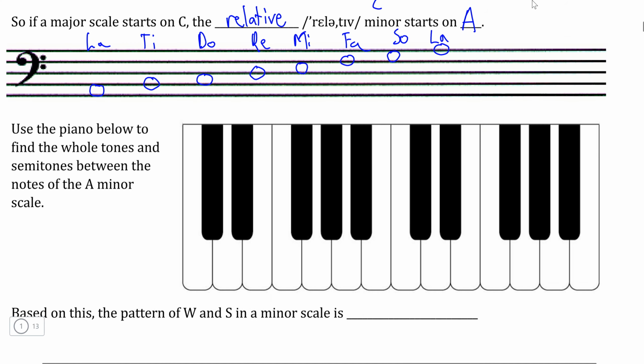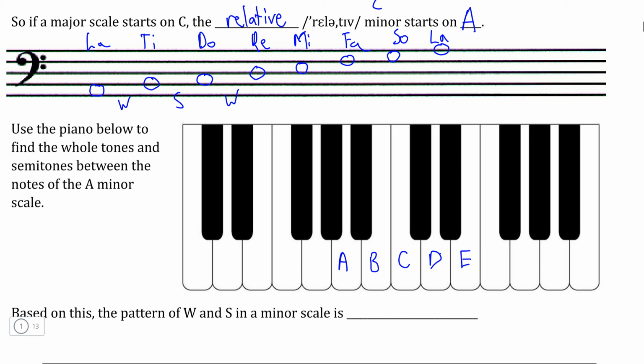Now, in order to see that the minor scale has a different construction than the major scale, we can do a whole tone and semitone analysis to show that the whole tones and semitones are arranged differently. For example, A and B is a whole tone because there is a black key in the middle, but B to C is definitely a semitone, because there is no key in between B and C. C to D is a whole tone, as we see on the piano.